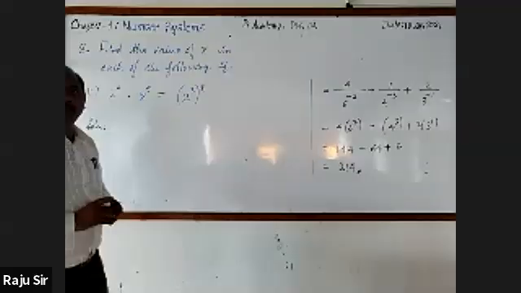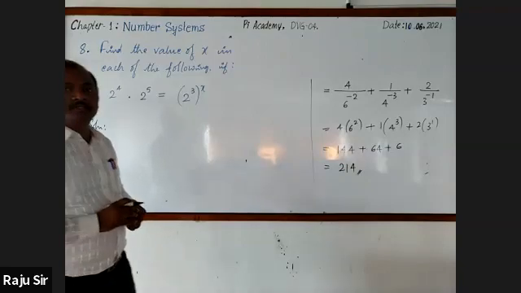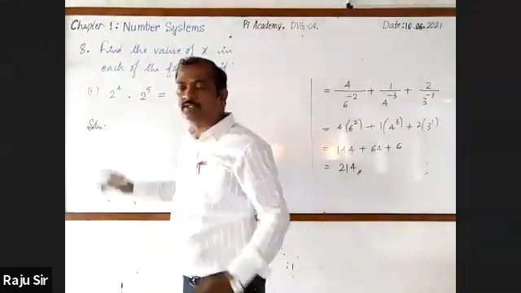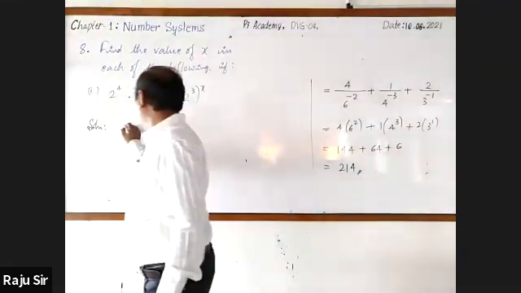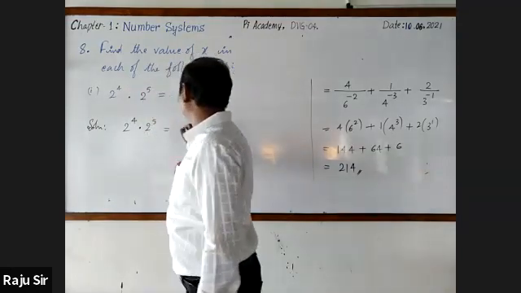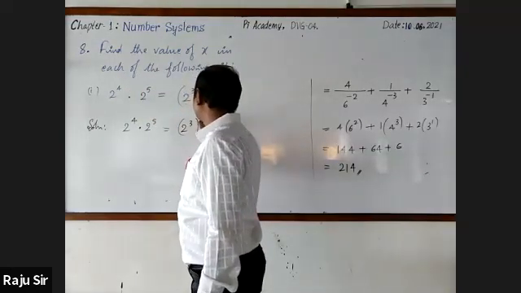Sir, index can be added. X is 3, sir. Very good. Already somebody told x is 3. Let me tell you how this is. First step, you write this as it is. 2 raised to the power 4 into 2 raised to the power 5 is equal to 2 raised to the power 3 whole raised to the power x.